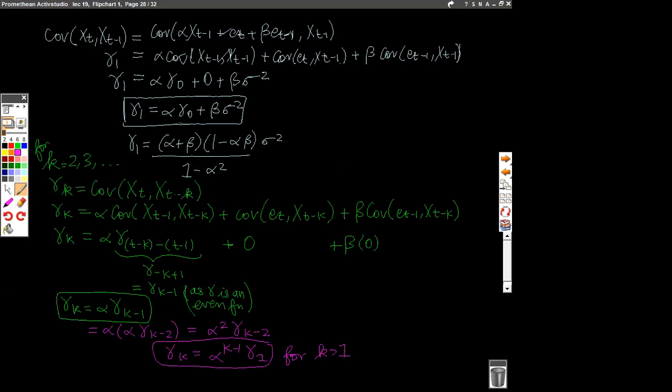So I'm saying, why you shouldn't want to do that is just because we have defined that we are trying to write this for k greater than 1. So alpha raised to k minus 1 seems like a possible thing to start off with. But yeah, if you write it as gamma k equals alpha raised to k times gamma 0, that's also equally correct.